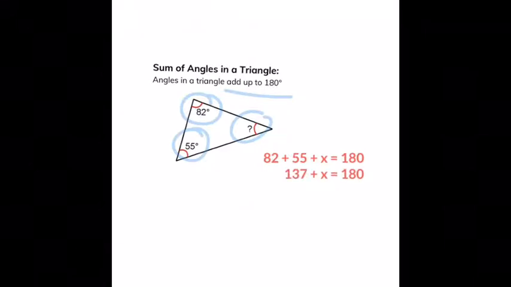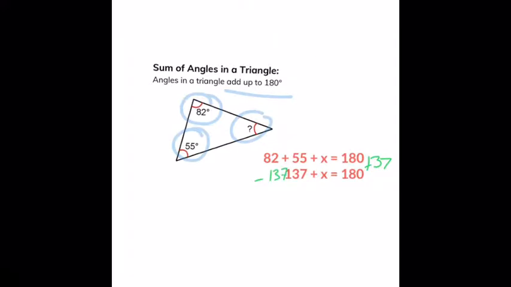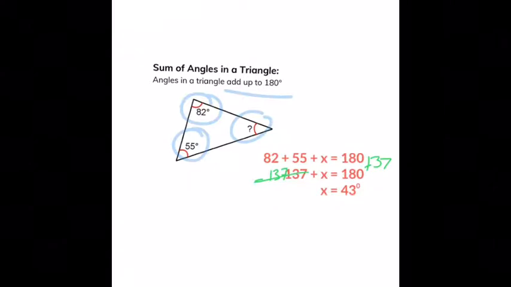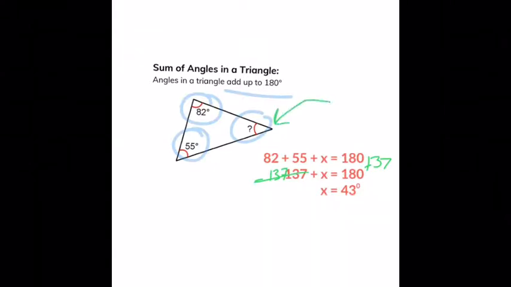So I add 82 plus 55 to get 137, then I subtract 137 from each side. That cancels this out, leaving only x. So x equals 43 degrees, and then we look back at our original angle and ask, does that make sense? And it does, because it's an acute angle and it's an acute angle.